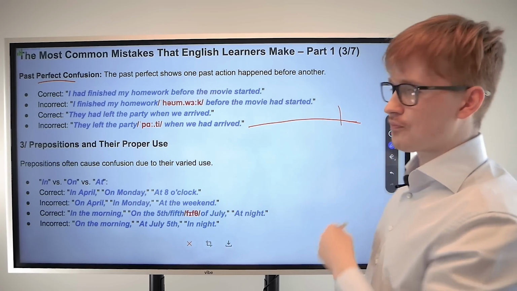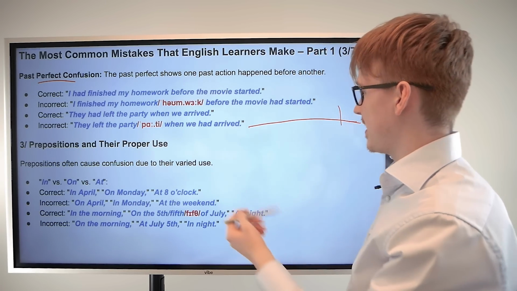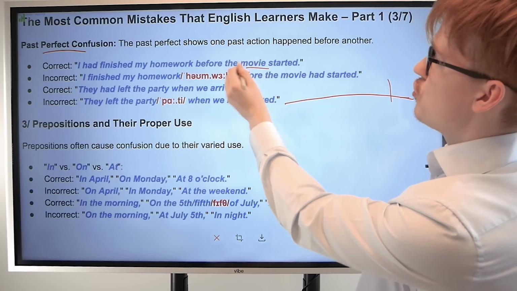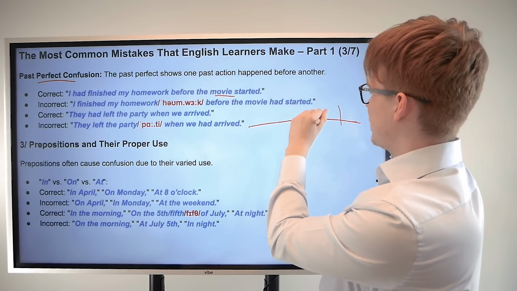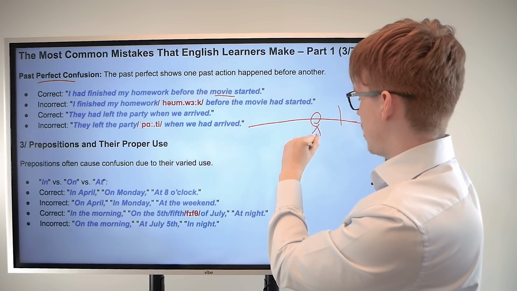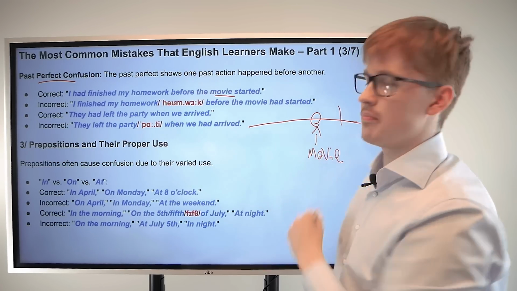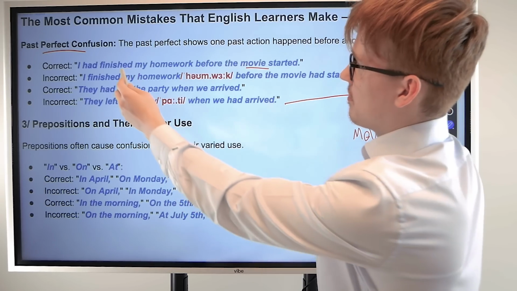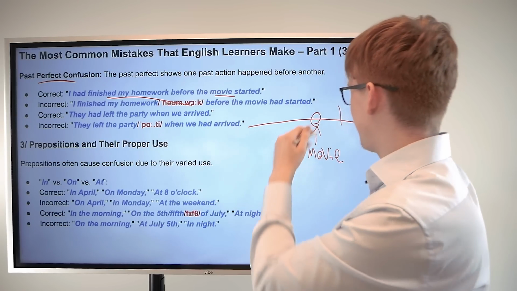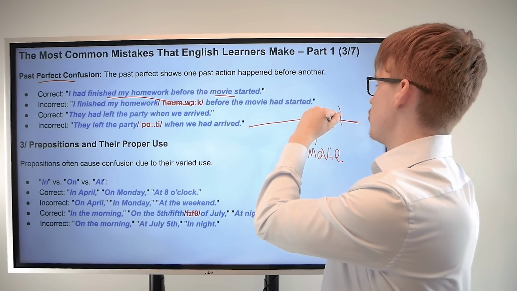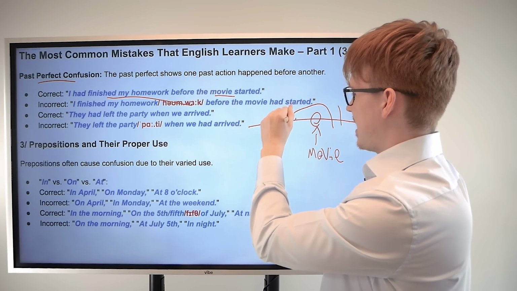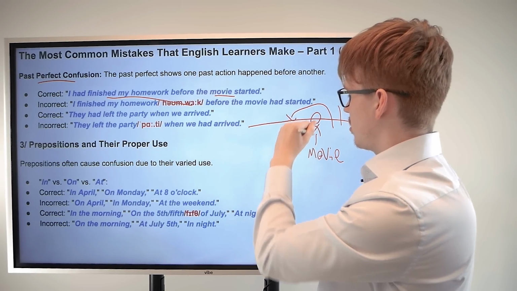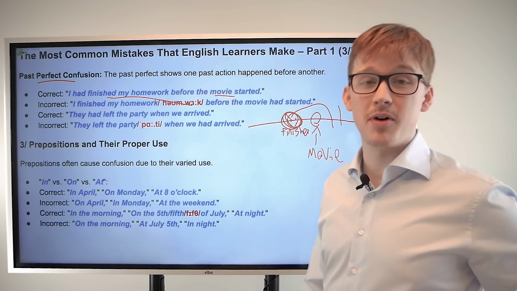Here is now, and this isn't too important because we're talking about the past. Let's say the movie started here. This is when the movie began. What happened before the movie began? Oh yeah, they did their homework, right? So they'd finished their homework before the movie began. Let's say here is when they finished their homework. We talk about this one in the past perfect.